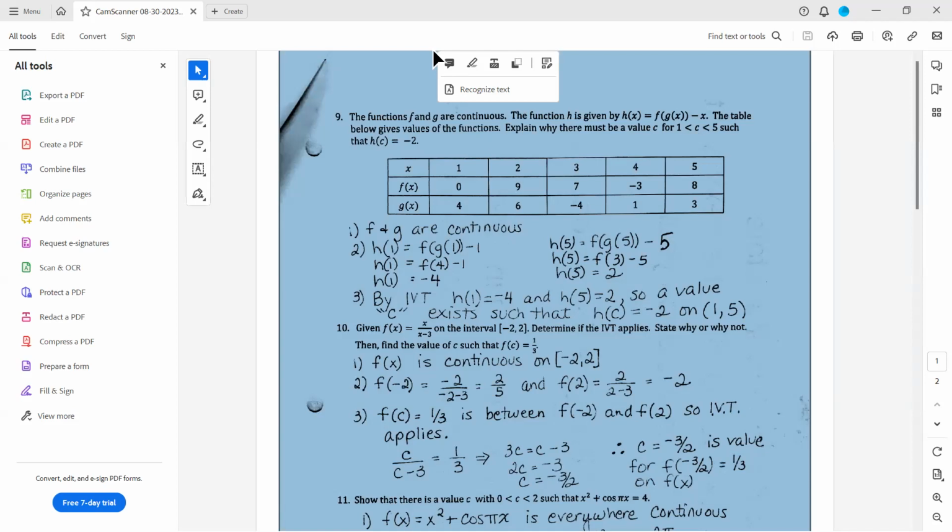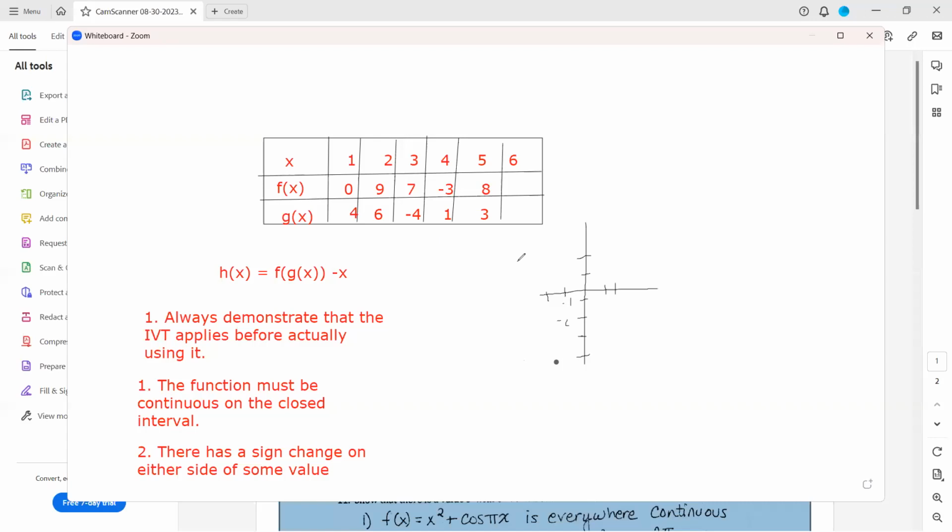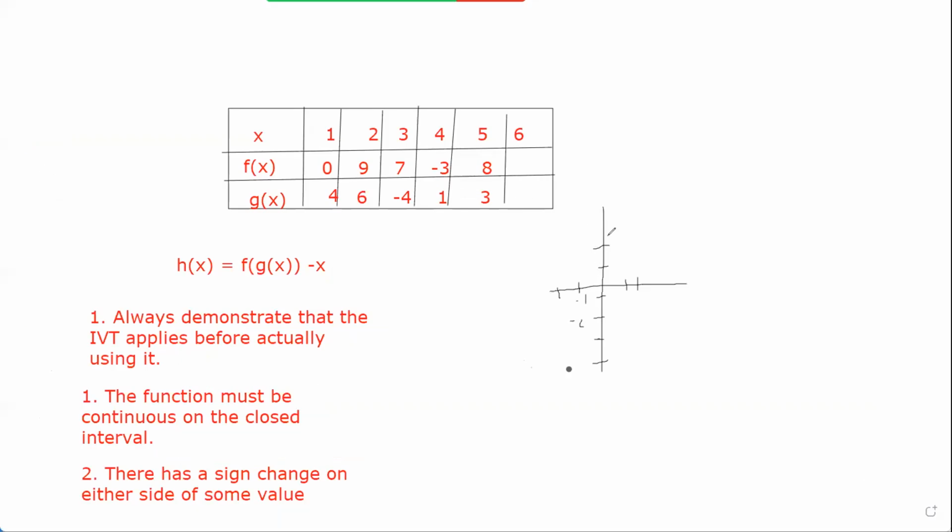So this is going to be -4. This is going to be 2. We don't know where this occurred. We don't care. But there's a value for which that's equal to 2 now, right? So there must be a point.